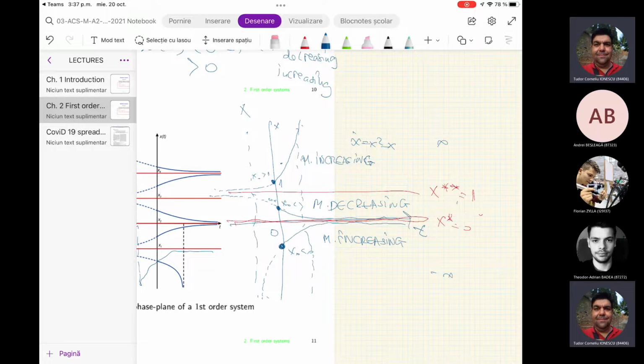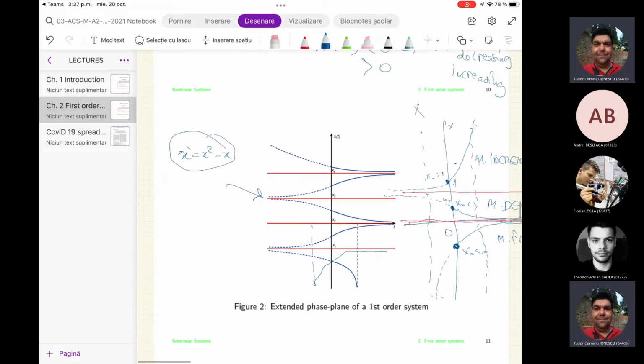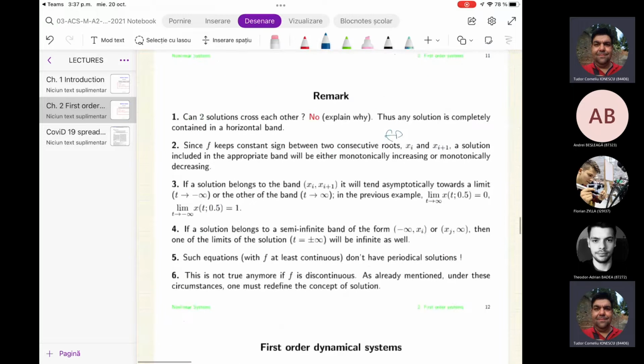But on this segment, it's asymptotically coming from 1 and asymptotically going to 0. We can see that. So this is always happening for this type of systems. However, if a solution belongs to an interval of type minus infinity to equilibrium point i, or equilibrium point j to infinity, then one of the limits will be infinite.